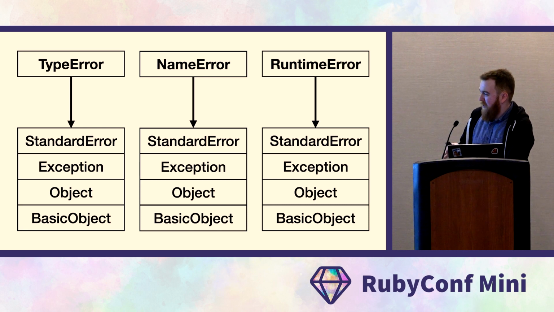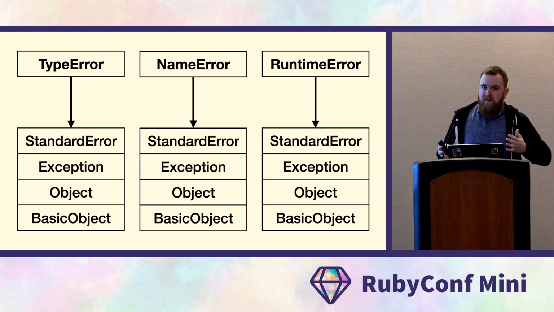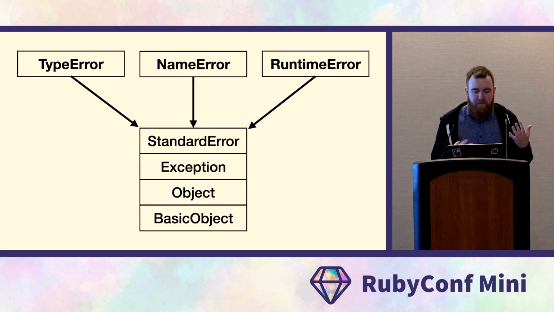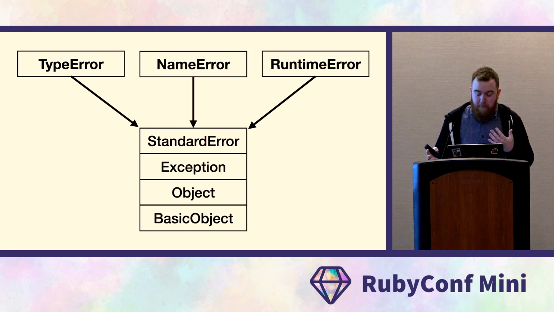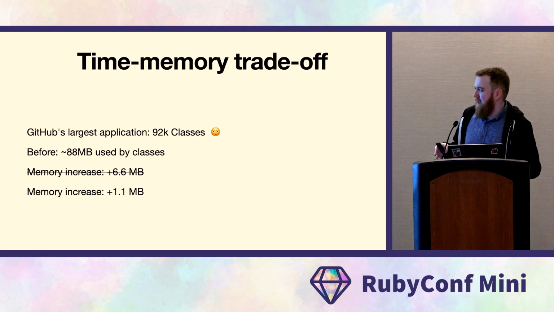This was a huge number of classes in the system. And so if we do this, and we build some way to deduplicate them, we can end up sharing the same memory for this array. We just have to make sure it's safe and freed altogether. So I did all that, and that ended up saving most of the memory used. So now it's just a 1 megabyte increase, which on top of 88 megabytes is nothing.